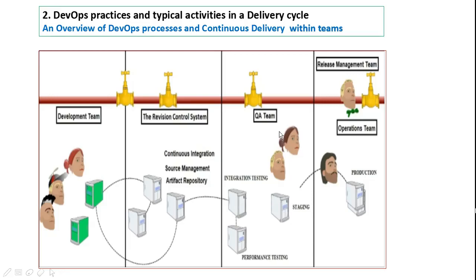Once the test cycles or test levels are completed, then in the release management process, it is deployed into production. Now operation teams are working. So in total, the activities are pipelined into the production deployment. Till production deployment, each team is working on their tasks.